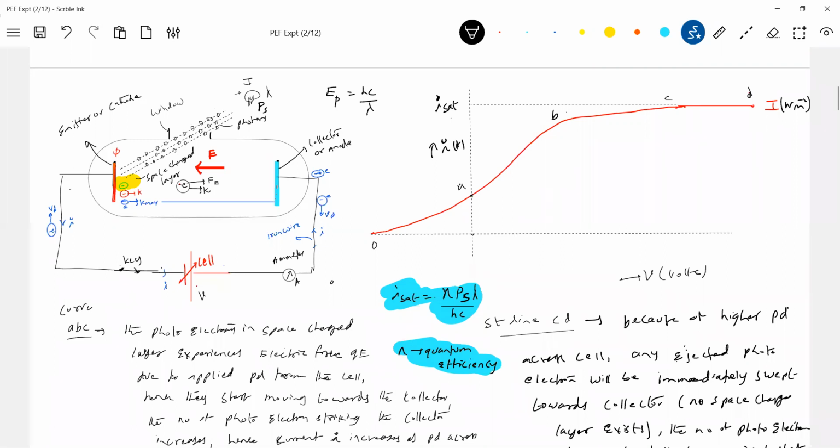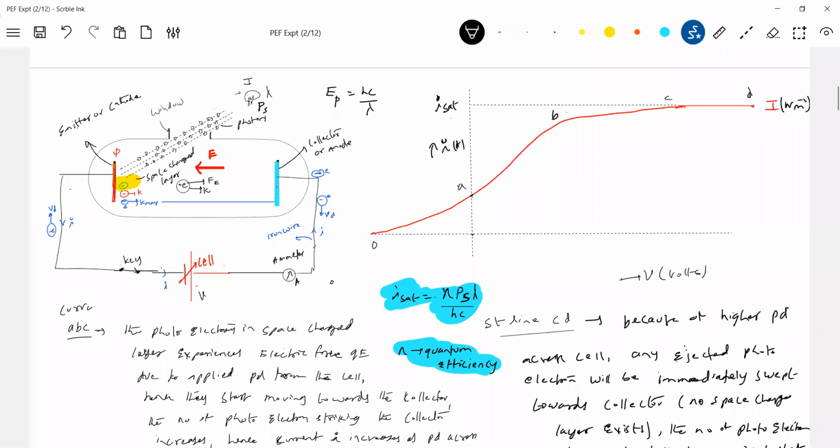Is one electron generated for every photon? I already explained yesterday: some photons interact with electrons, and some electrons fail to come out, so there is some efficiency. For every 10 to the power of 6 photons, one photoelectron will be generated. That is what is called quantum efficiency.